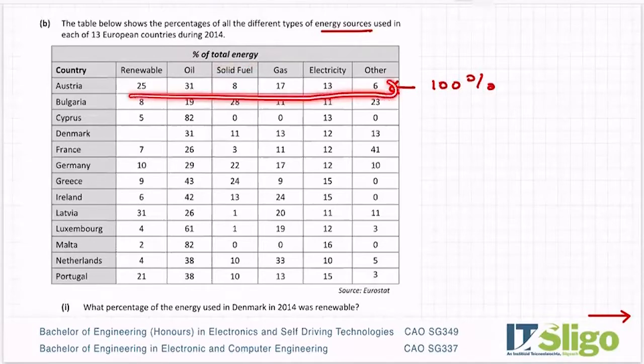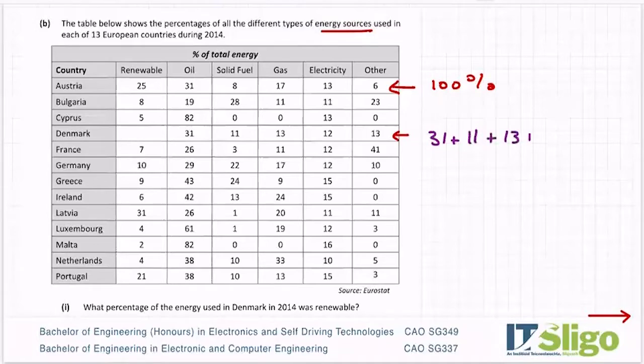This is all of the energy uses in a country, which means that Denmark needs to add up to 100. So let's go 31 plus 11 plus 13 plus 12 plus 13, and I'm getting 80.